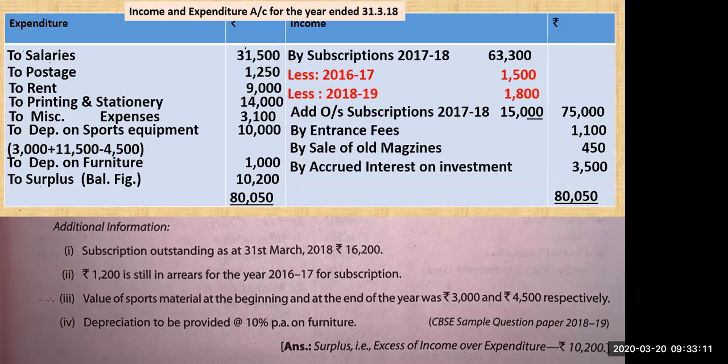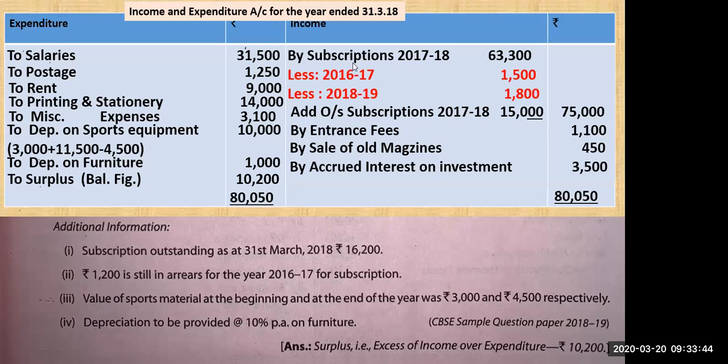The language is clear, it is given outstanding subscription for the year ended 31st March 2020 were 55,000. And here it is given outstanding as at. As at means total outstanding, which is 16,200 and includes previous year also. So 16,200 minus 1,200, we have taken 15,000. Clear?